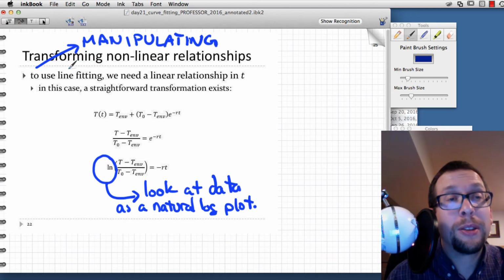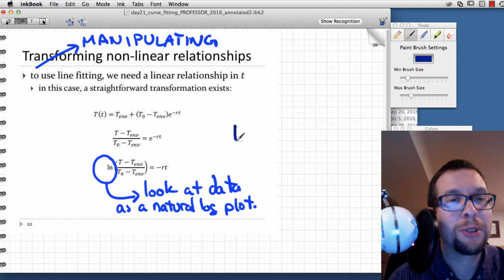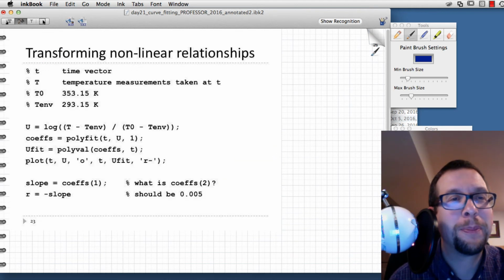Now remember, something to always consider is that when we talk about transforming nonlinear relationships, effectively we're doing manipulation, and we are going to be looking at the natural logarithm. But it's important to not get confused in MATLAB, because MATLAB refers to the natural log as log, and the log base 10 as log10. Okay, just important to realize that.